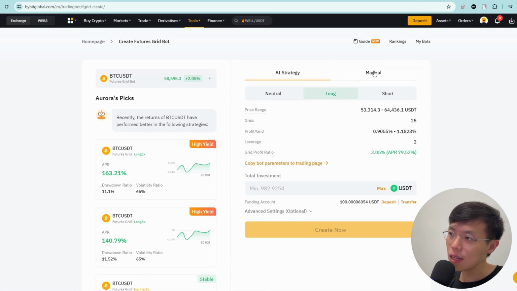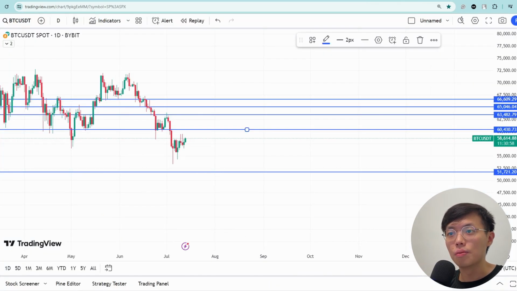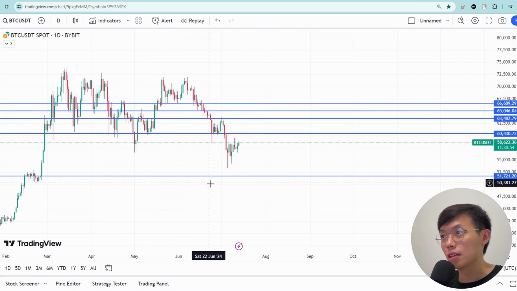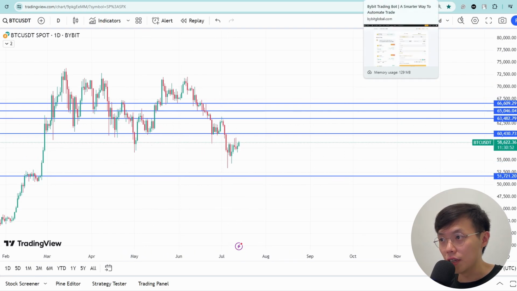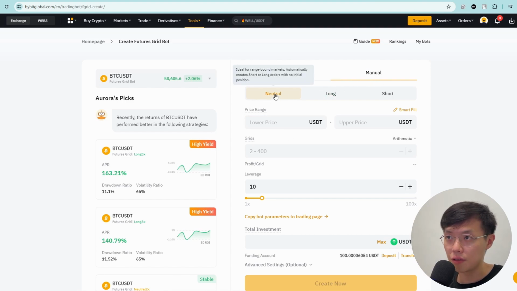Okay, but let's look at manual trading. So instead of only long or short, right now we look at Bitcoin. Bitcoin is going sideways, it's consolidating. So if it's consolidating, it's very good for us to use manual neutral. Neutral is for us to long and short.